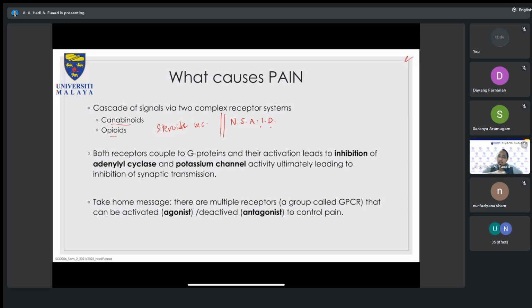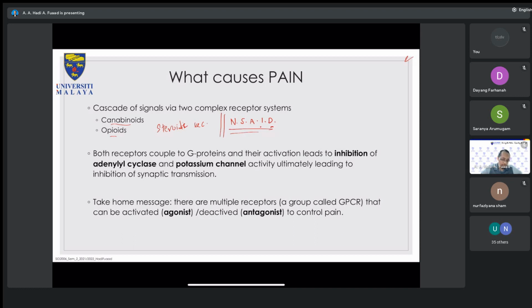Because they are not part of the steroids, which are cannabis and opioids, you can expect the mode of action to be different. NSAIDs and the steroids, or opioids or cannabis, act in a different manner, but at the end of the day, both can somehow relieve pain. We will look at this next week.